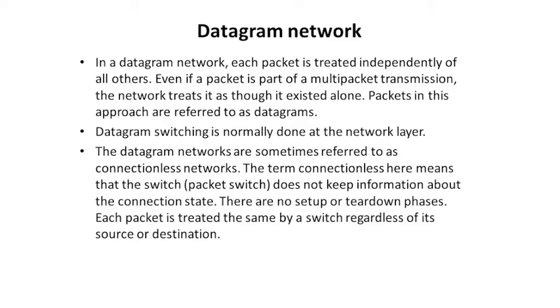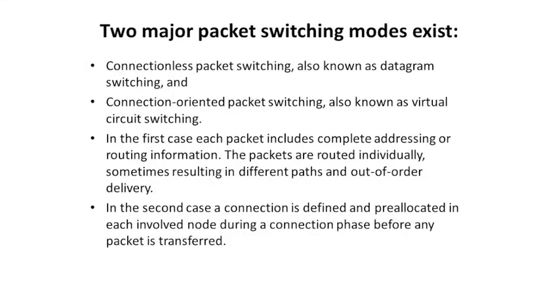The term connectionless means the packet switch doesn't keep any information about the connection state. There are no setup or teardown phases. Each packet is treated the same by the switch regardless of its source or destination. Two major packet switching modes exist: connectionless packet switching, that is, network datagram switching, and connection oriented packet switching, that is called virtual circuit switching.